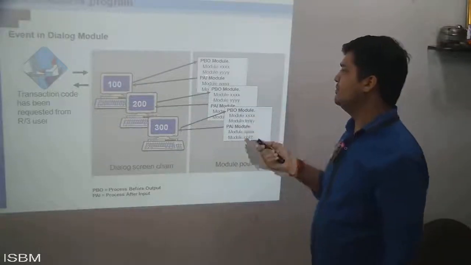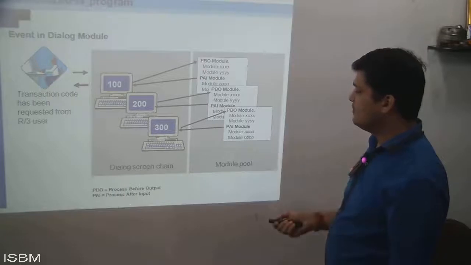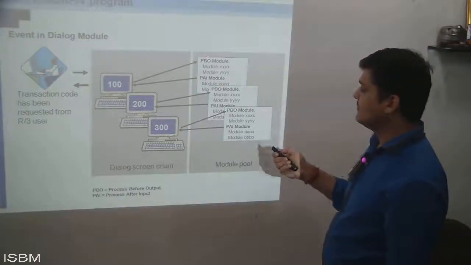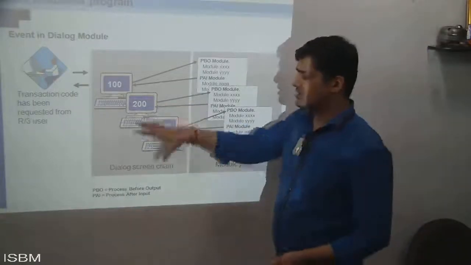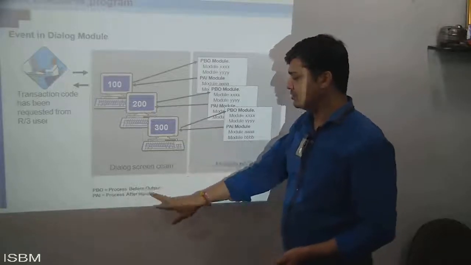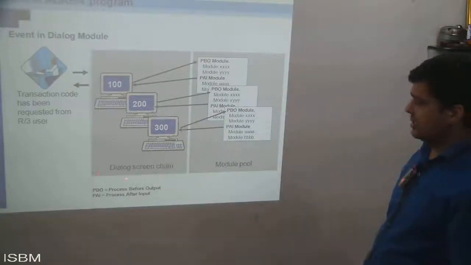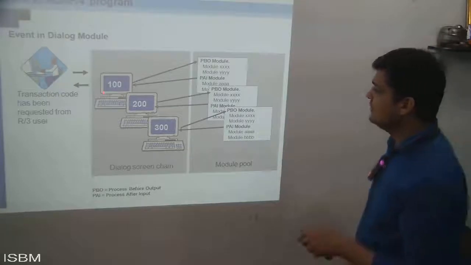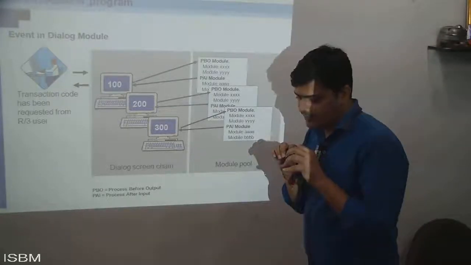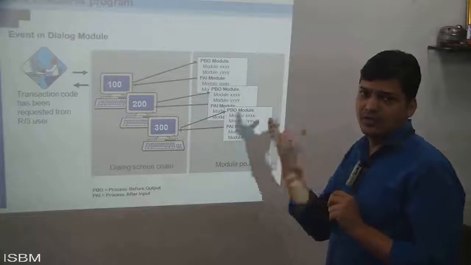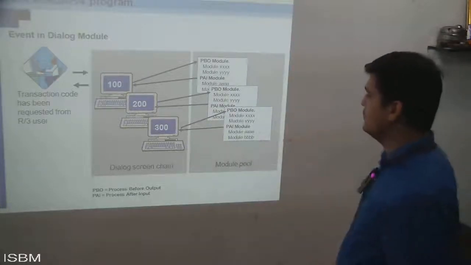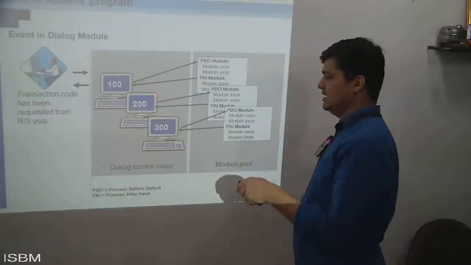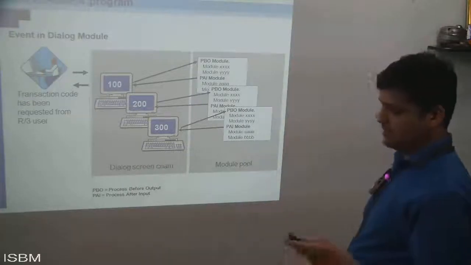In the PBO module, process before output, and process after input, two events have been used. So whatever command we give to the system, it will show the output according to these events. Nothing else over here.